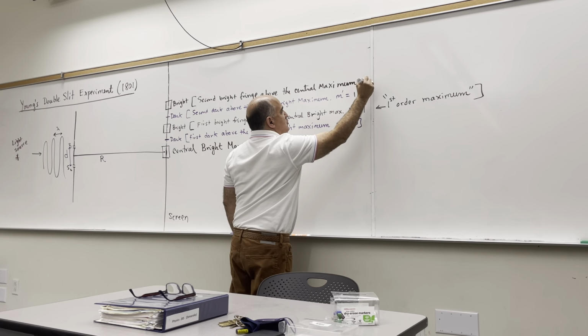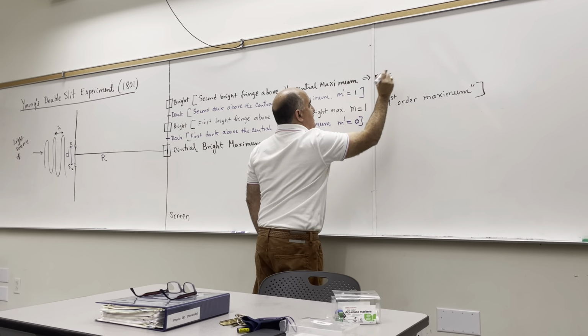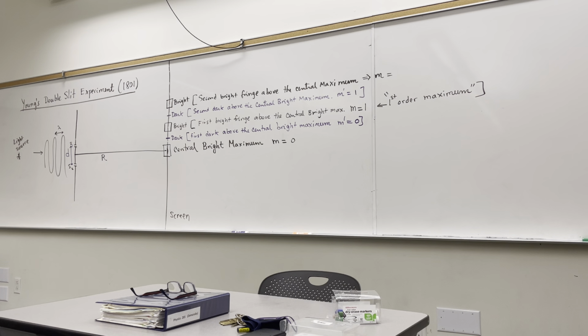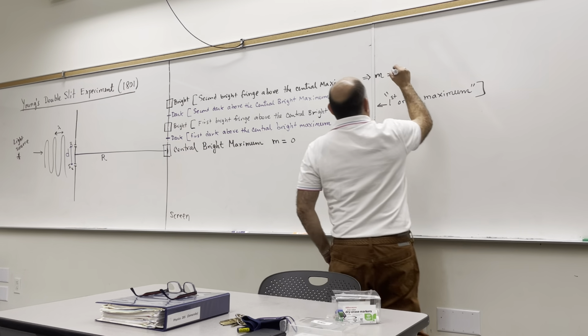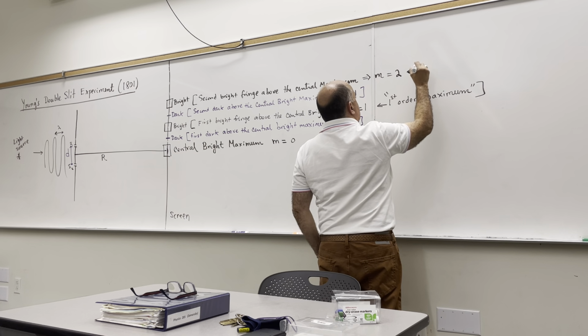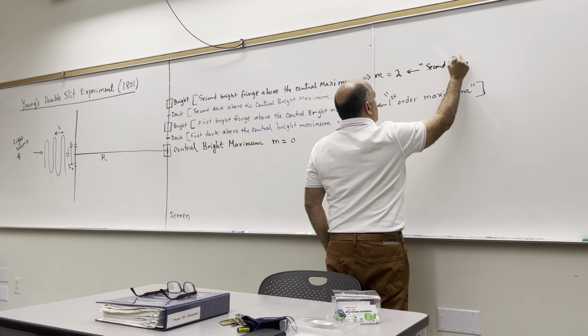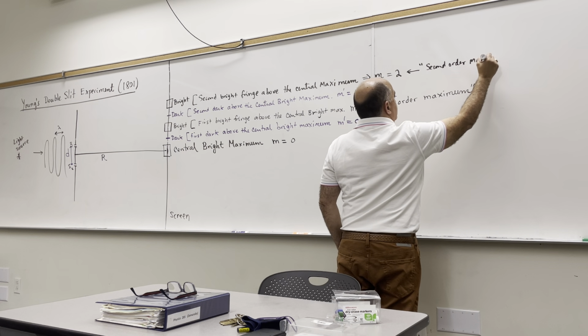And that corresponds to what? To M equals, what was the value of M in this formula? That corresponds to 2 lambda, so M is 2. So this is called the second order maximum.